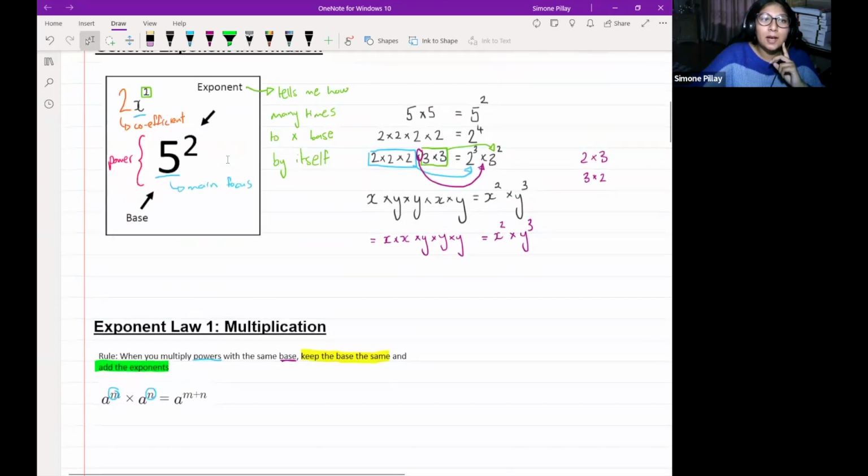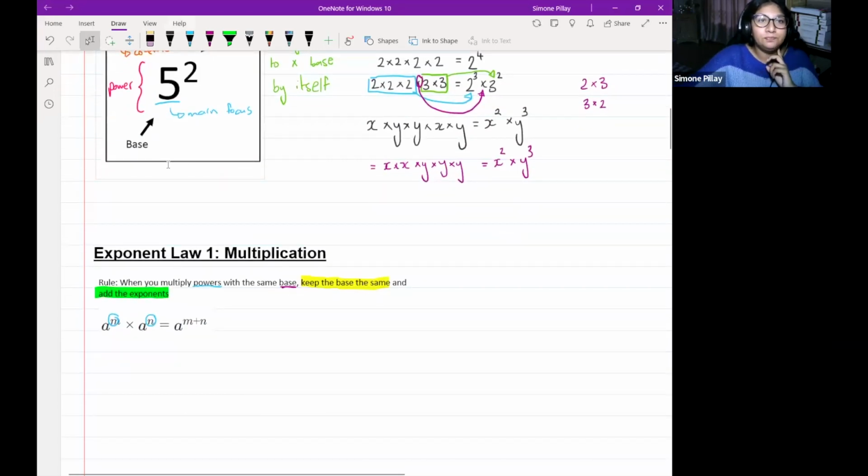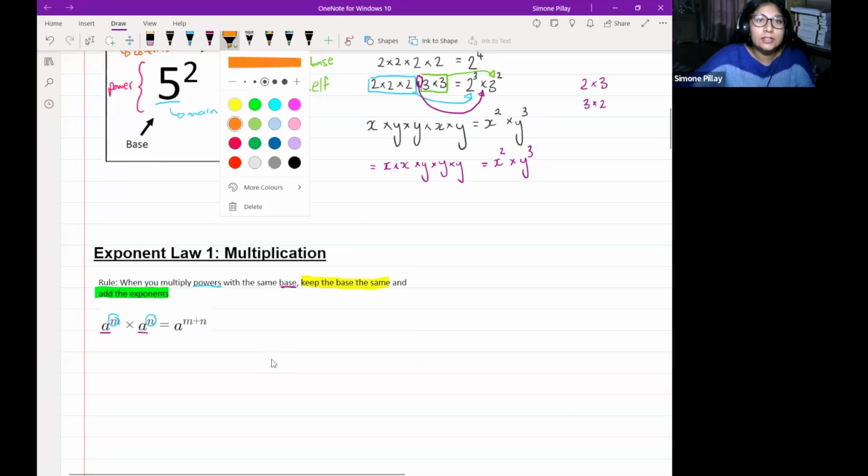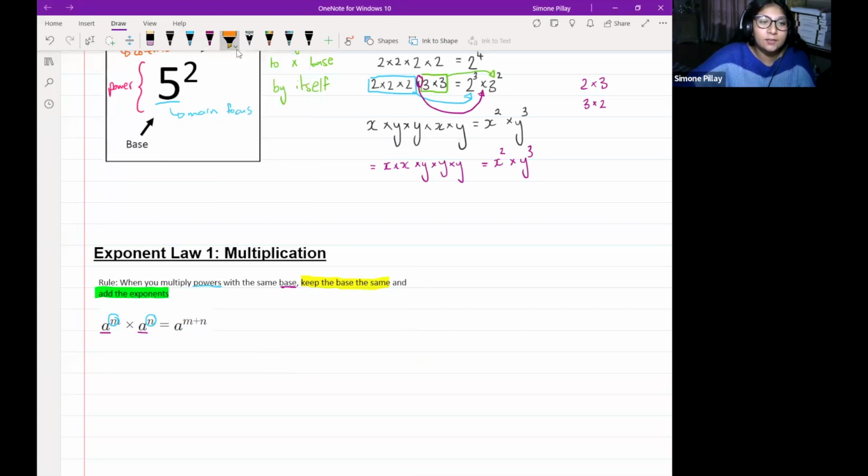If I scroll back up quickly and look at what my base is, that main number, it's that big number. And when I look at it, I see, okay, I have a and I have a. Those are the same. And as soon as I have the same bases, the other super important thing to know is that you have to be multiplying.